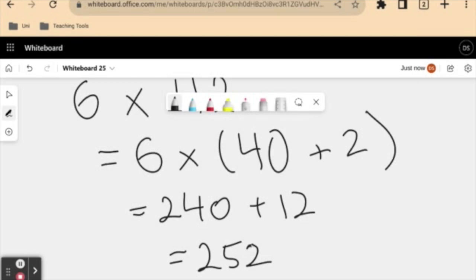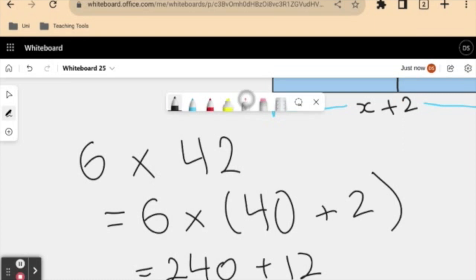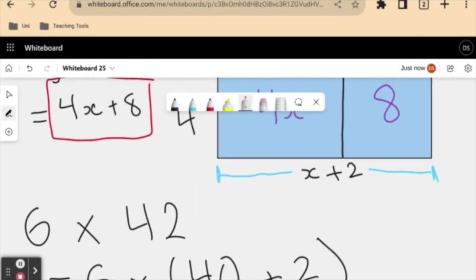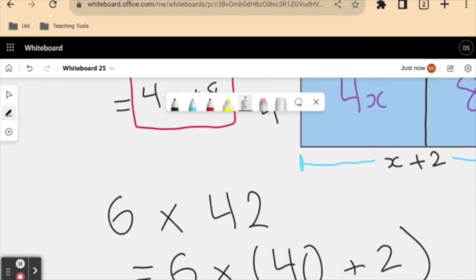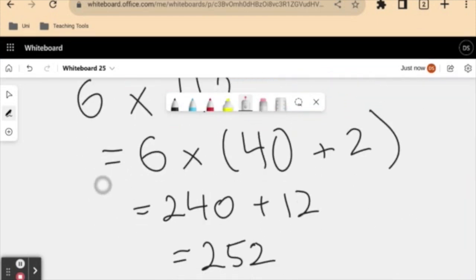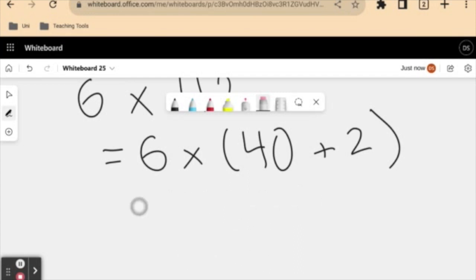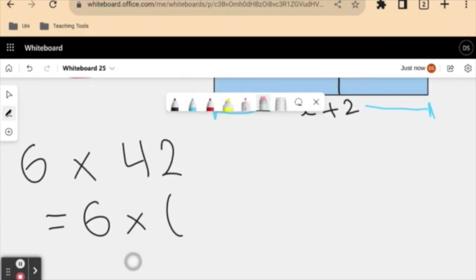But we notice that when we have some number that we're multiplying by another one, we can break up this number in the same way that x plus 2 was broken up into an x and a 2. Now, some of you may have gone, I can't do 6 times 40 off the top of my head really quickly. That's okay, because this decomposition can be taken further as well. I just want to deal with 10, that's a lot easier.